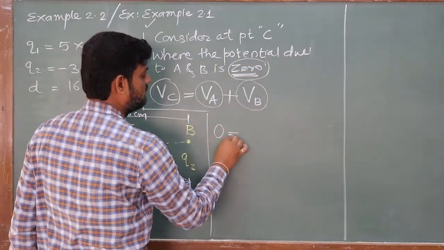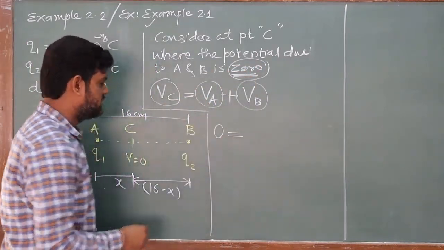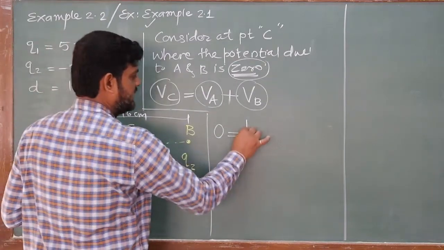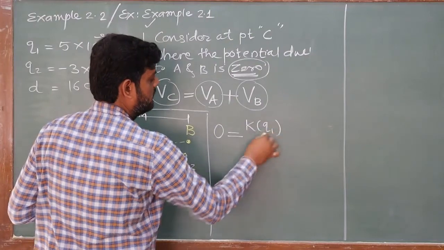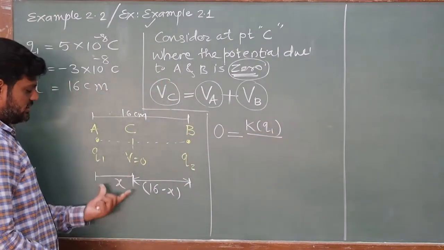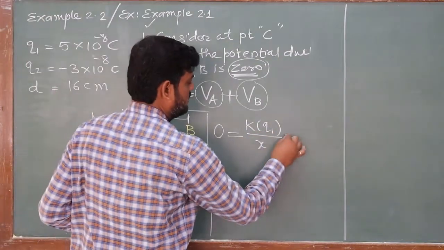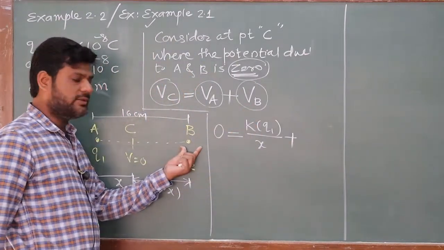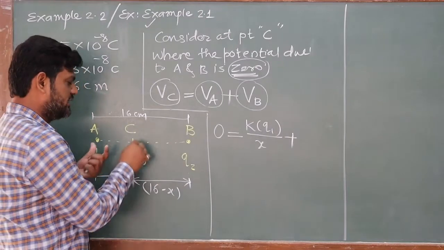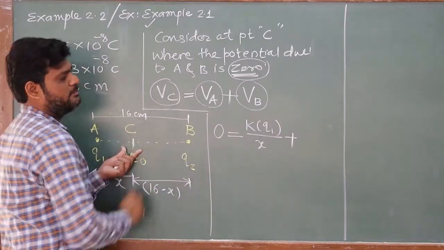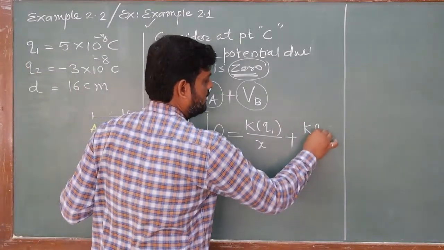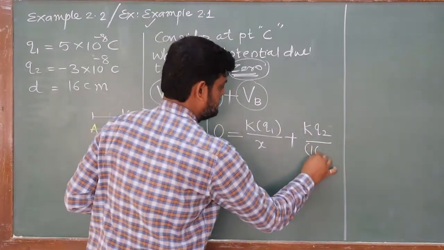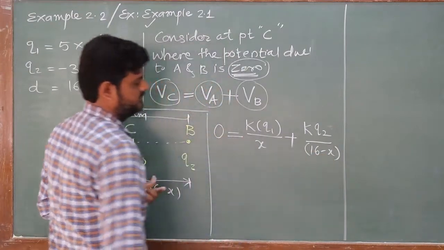So 0 equal to VA plus VB, where VA is K Q1 divided by x, plus VB, which is K Q2 divided by 16 minus x.